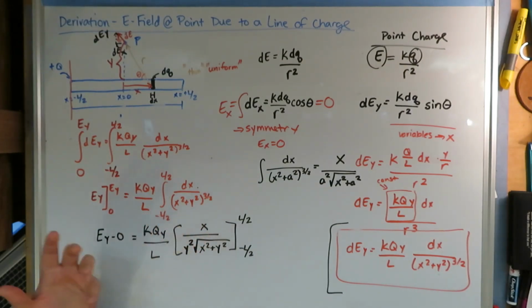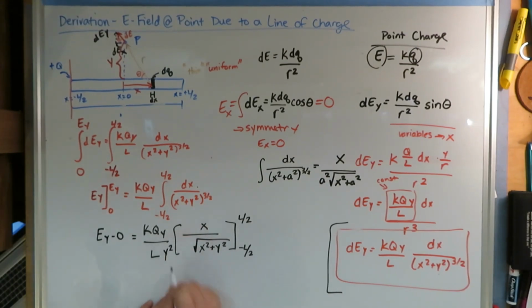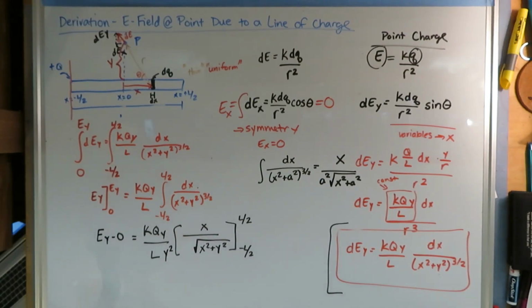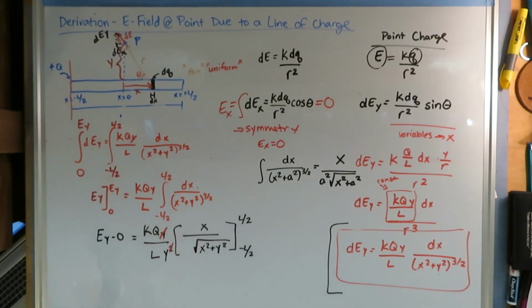If we take a look, I can actually move that y squared out over here. And then you notice that one of the y's cancels out. So I would get E_y is equal to kq over L times y.